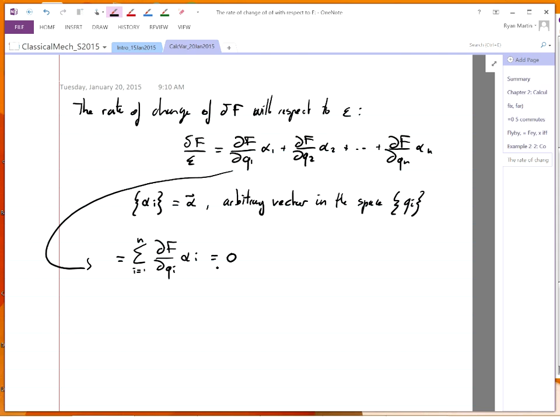So now, we need this to vanish, so as epsilon gets smaller and smaller, the change in f should be 0. So that means the sum of ∂f/∂qi times alpha i is equal to 0. Now, this must be true no matter which direction alpha we choose. So that means that each term must be independently 0 and independent of alpha.